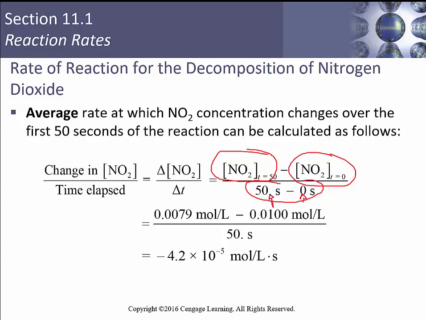So 0.0079 moles per liter is where we were at after 50 seconds, and we started off at 0.01. So what's going to happen with this number is that it's going to give you a negative number over here, and we're going to divide it by the difference in time, 50 seconds, and we get minus 4.2 times 10 to the minus 5 moles per liter per second, or molar per second.